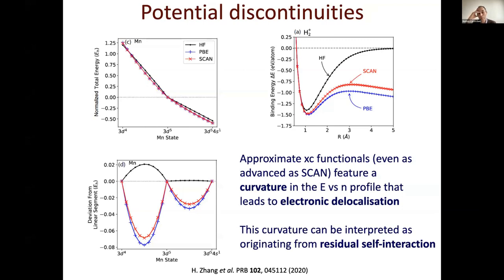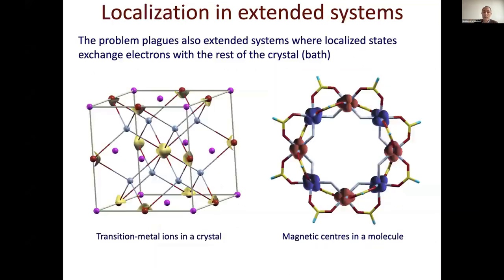This excessive curvature of the energy needs to be taken away somehow, and that's also a problem that afflicts calculations on solids, periodic systems where you might have localized states, and you can think of them as immersed in a bath represented by the rest of the crystal or of the molecule, if you prefer, with which they can exchange electrons.